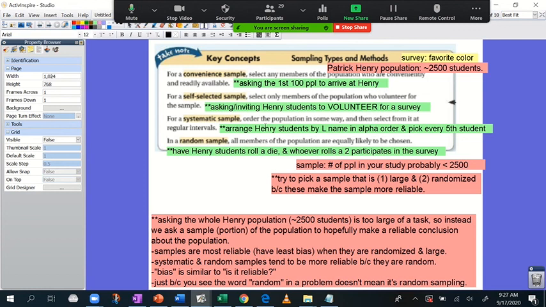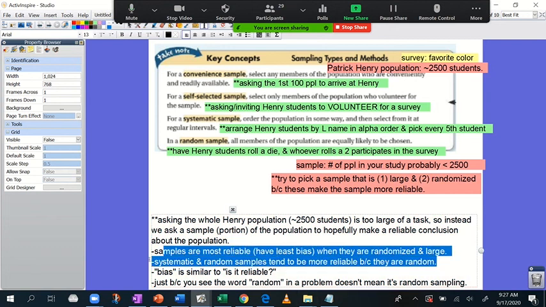In this case, picking every fifth student out of 2,500, 2,500 divided by 5 lands you 500 students that you're surveying. That's pretty good. Systematic and random samples tend to be more reliable, and I wrote that down here for you.